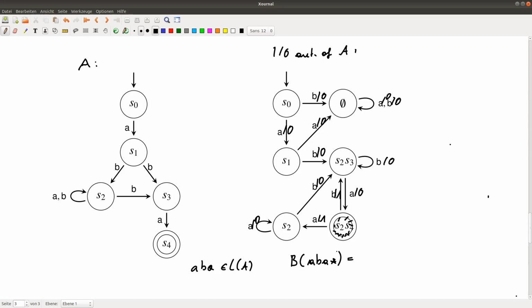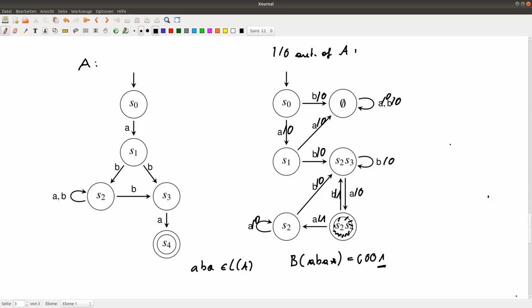It can be just an A or a B, doesn't matter. Okay, and if we now have a look, what is the output for ABA and the additional symbol, we get 0, 0, 0, and then it doesn't matter if we take A or B, we get a 1.